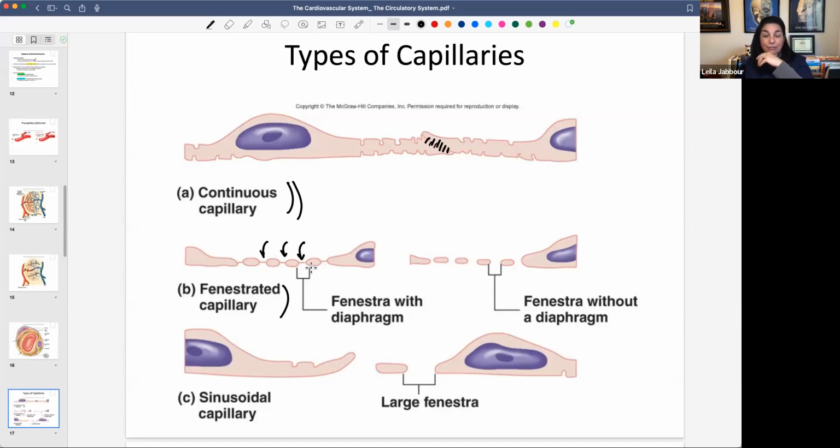Fenestra with diaphragm. So the diaphragm is like the thinnest ever possible little membrane, but in cases where we actually need the passage of particles, we would not see this membrane. So this is an example of fenestra without a diaphragm.